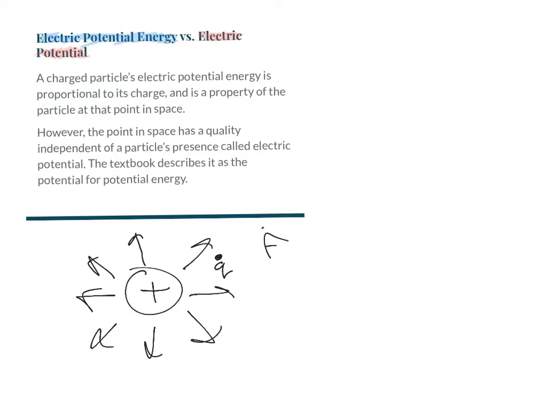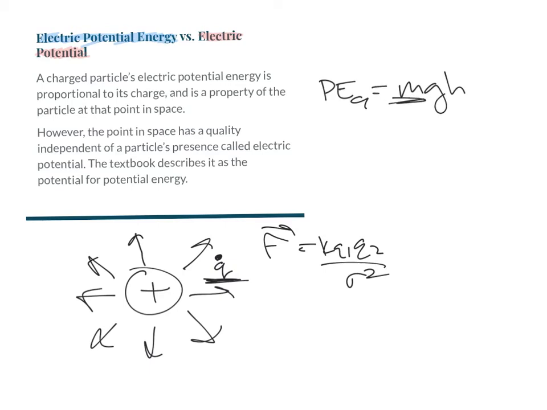And we know force is k Q1 Q2 over r squared, which is dependent on the charge we're looking at. Just like when you're calculating potential energy from gravity, you have mass as a term. The mass of the object matters. And that is for potential energy.